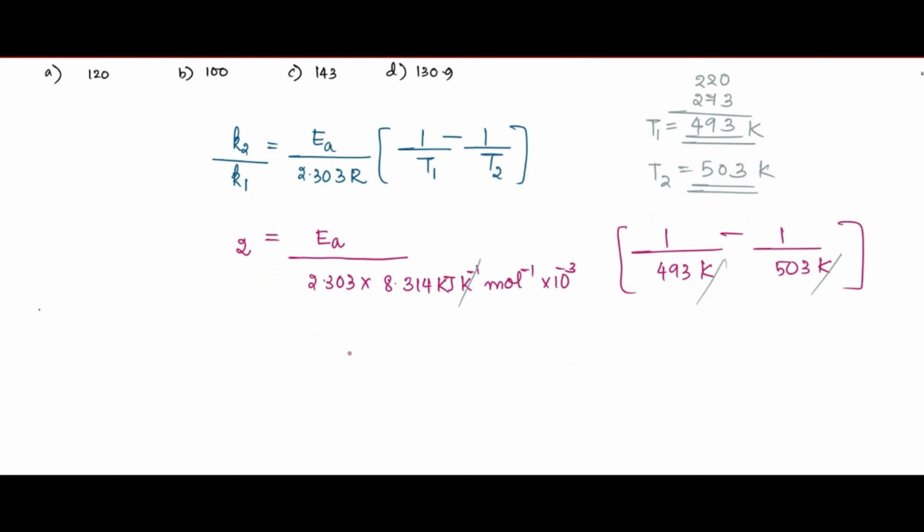So what is it that you have? 2 is equal to Ea by 2.3 into 8.3 into 10 to the power minus 3 kilojoules per mole. The final answer will come in that. Into 503 minus 493 is 10, divided by 503 into 493.